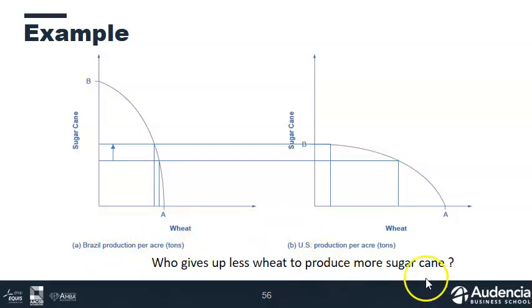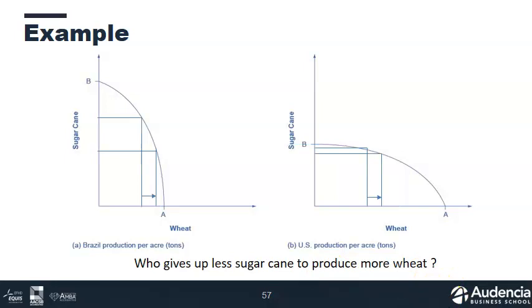What if we looked at it from the production of wheat? Same thing. Here I want to expand wheat by a fixed amount. So I'm going to grow wheat by this amount and it's the same amount here, right? I'm going to move from this point to this point. I give up that much sugar to do that.